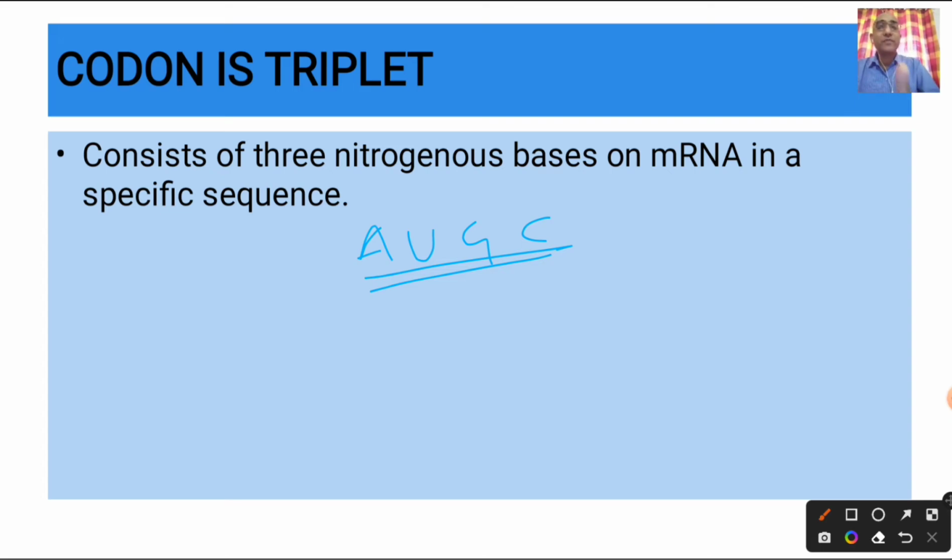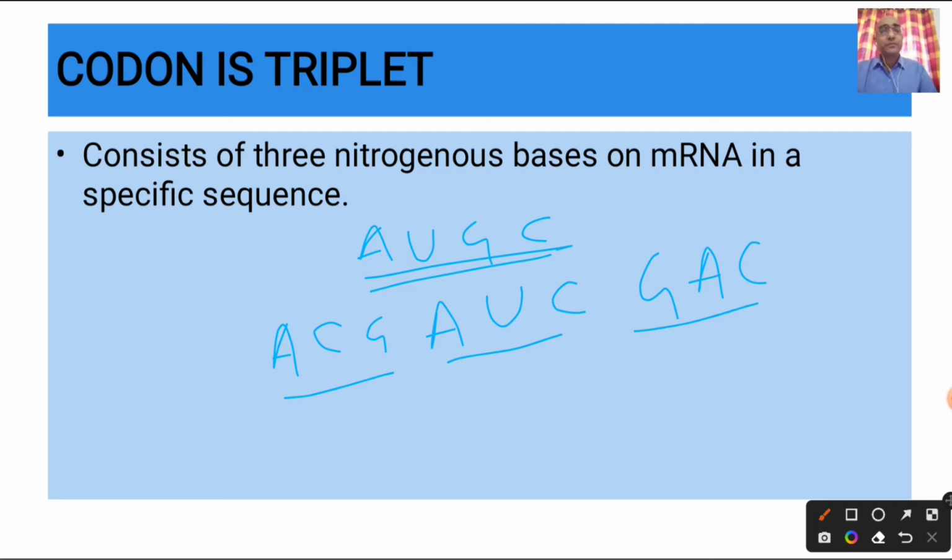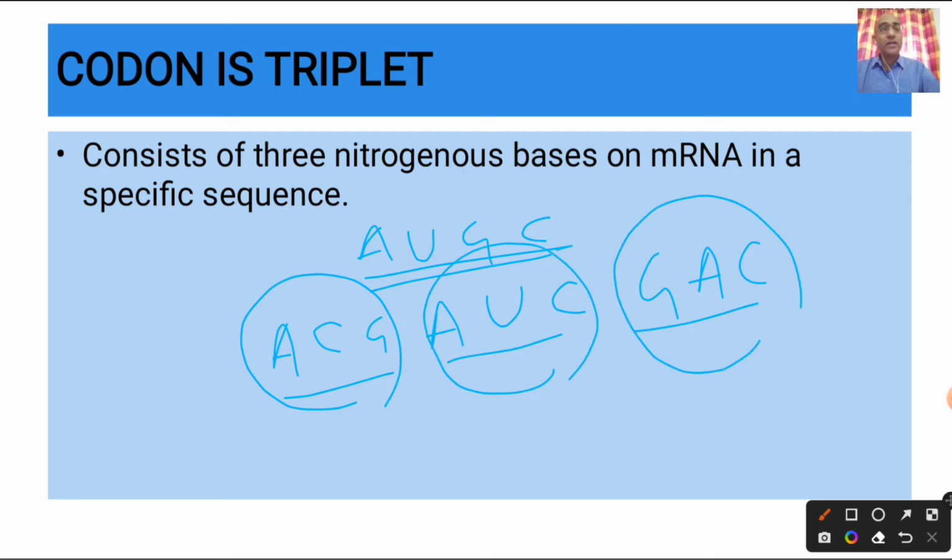Codons are triplet in nature, so 3 of these bases together represent a single codon. It may be written as A, C, G or A, U, C or G, A, C. Each group of 3 represents a codon. So it is triplet in nature.